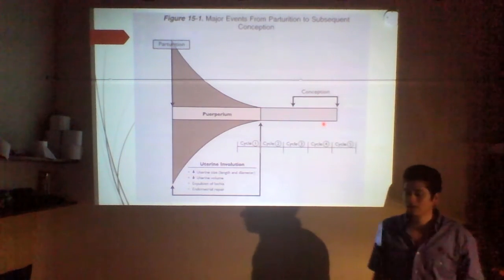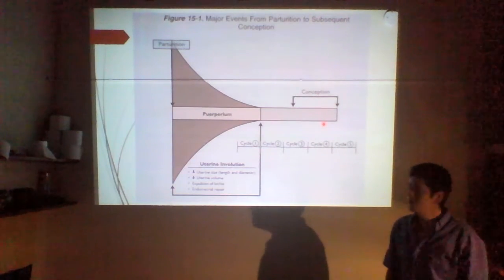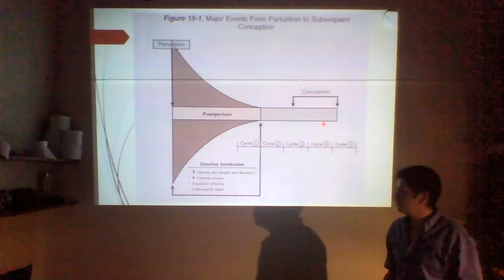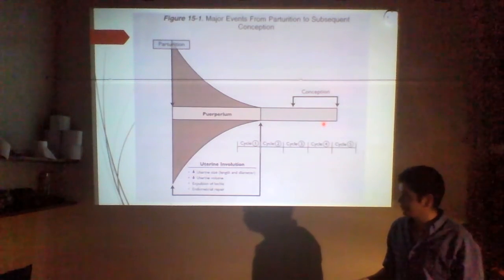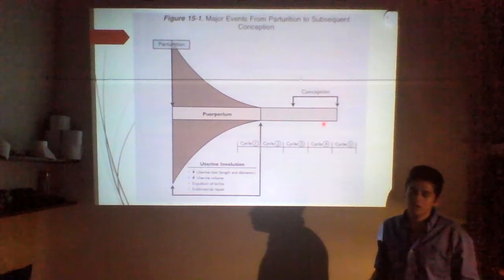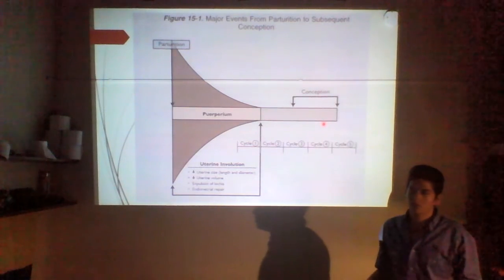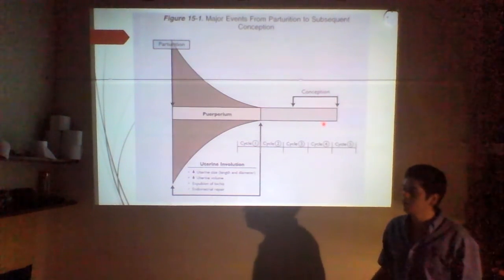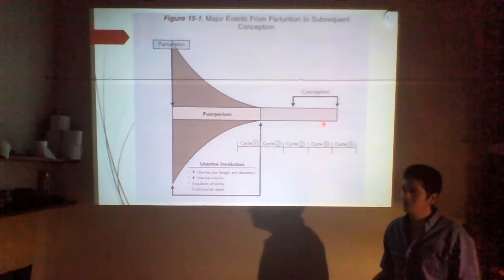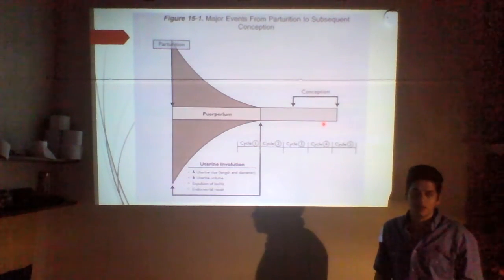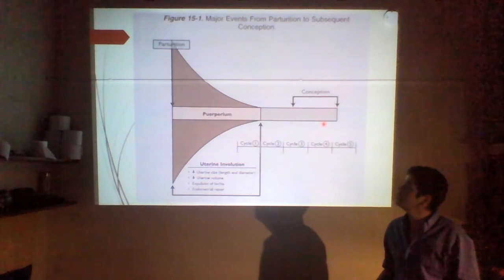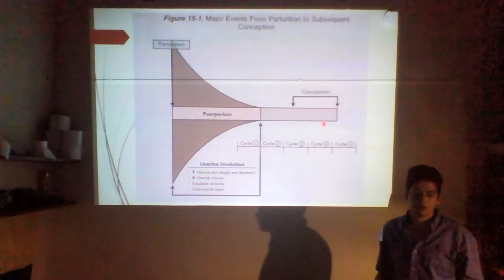The second one is reducing the uterine volume. The third one is the expulsion of lochia. And the last one is endometrial repair, which will give the cow the condition to have a new pregnancy. So that is all the process.